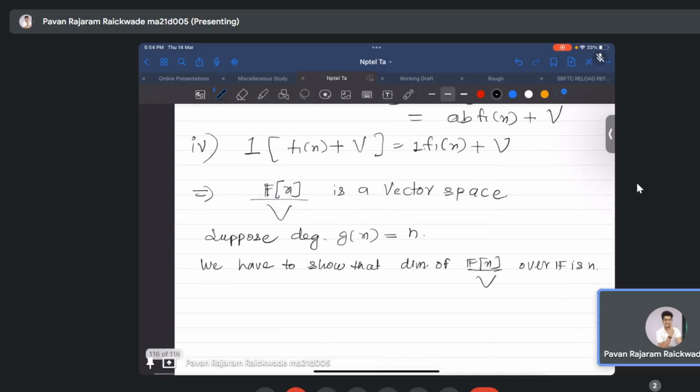So the natural choice for a basis is V plus 1, V plus x, V plus x squared, until V plus x raised to n minus 1.